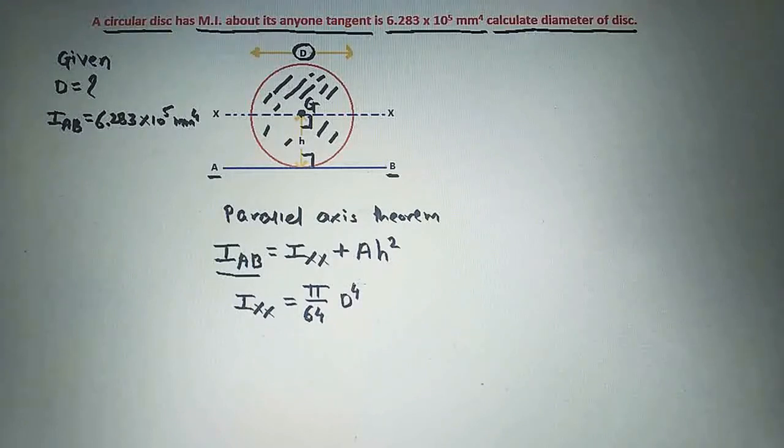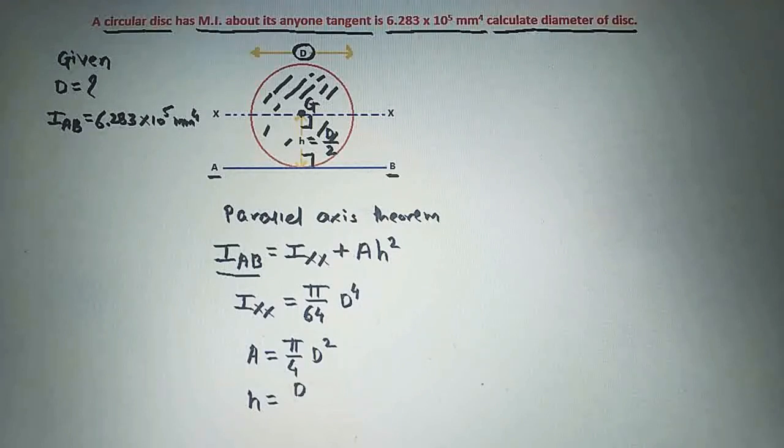Next, we will write the formula for area here, and the area of this circle should be equal to pi by 4 d square, and the height h, that is the perpendicular distance between these two axes, is equal to diameter divided by 2.